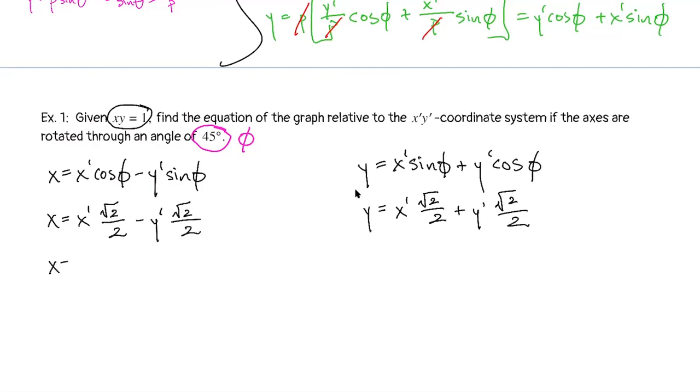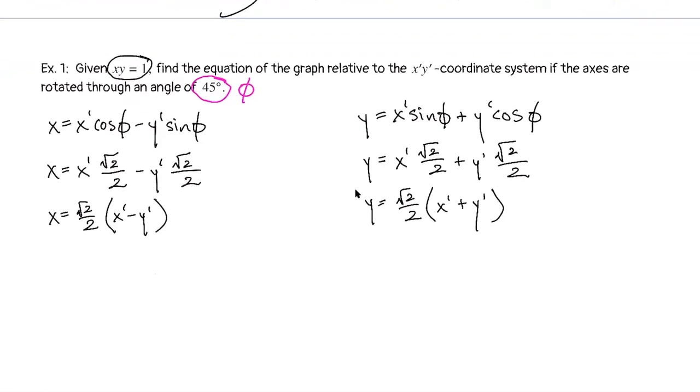So my greatest common factor in the x one is this root 2 over 2, which leaves me with x prime minus y prime on the inside. And when I do the same thing for y, I have root 2 over 2 on the outside, and then x prime plus y prime on the inside.